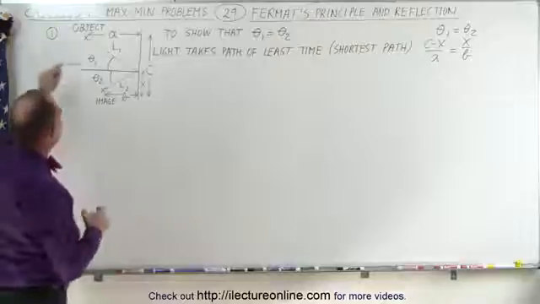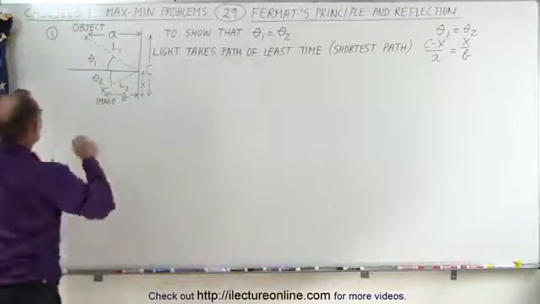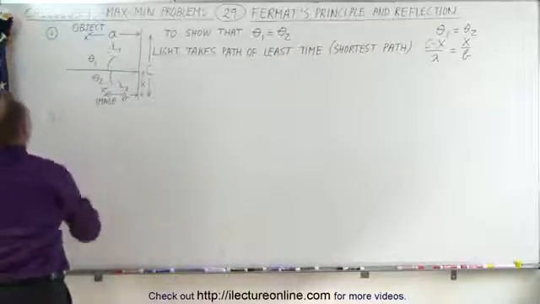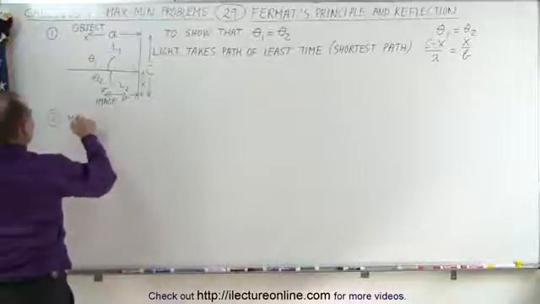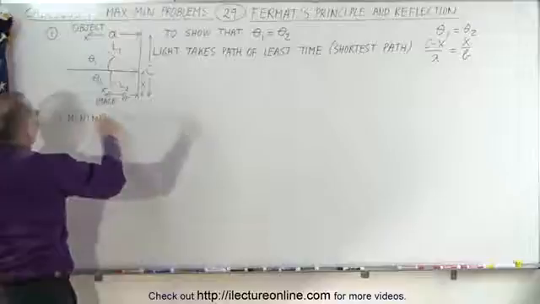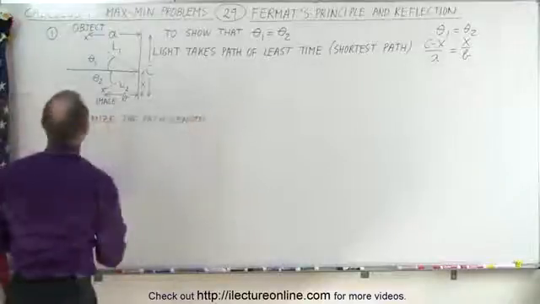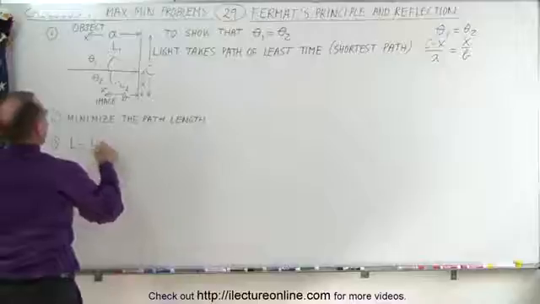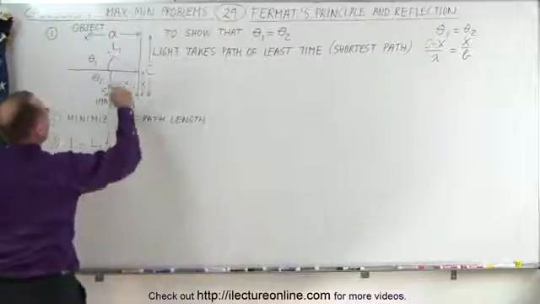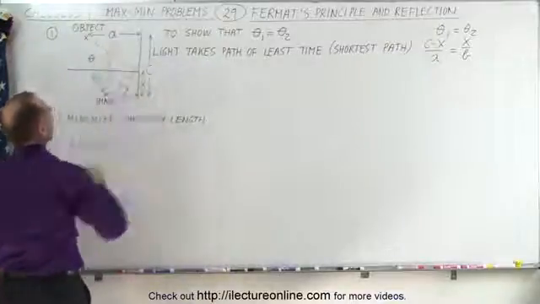So, step 1, we drew a diagram. Step 2, we need to determine what we're trying to maximize or minimize. In this case, we're trying to minimize the path length. And an equation for that would be the total path length would be equal to the sum of the two paths, L1 and L2. Say this is L1, this is L2.